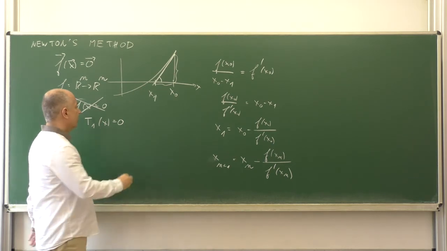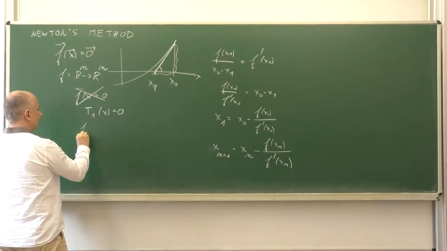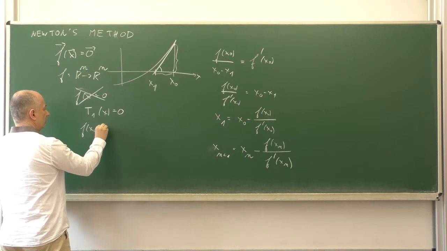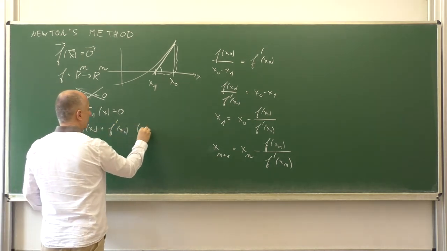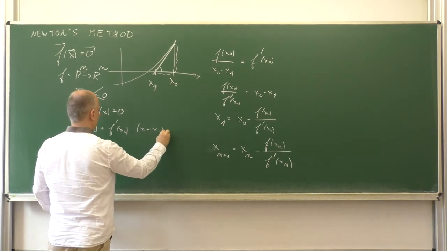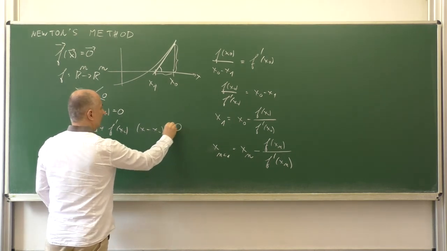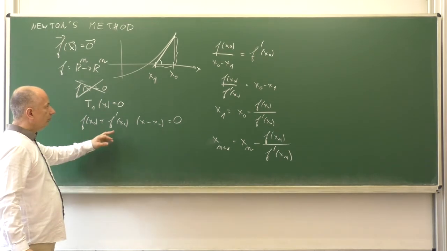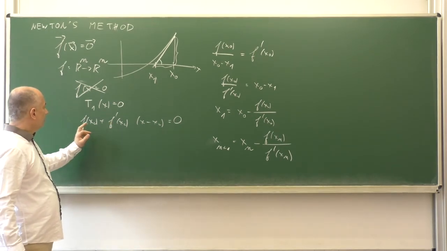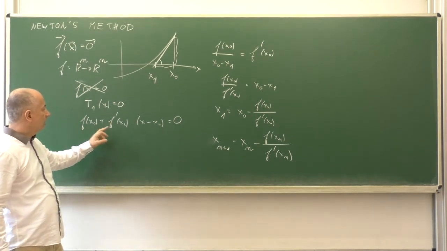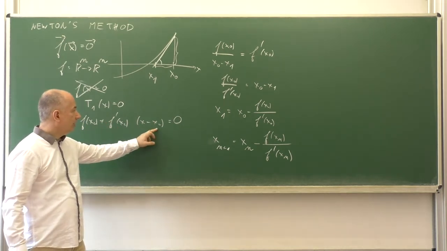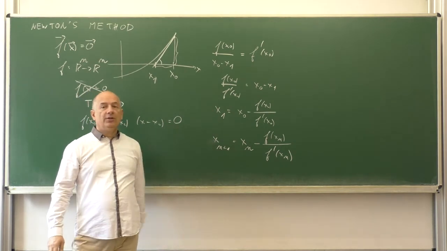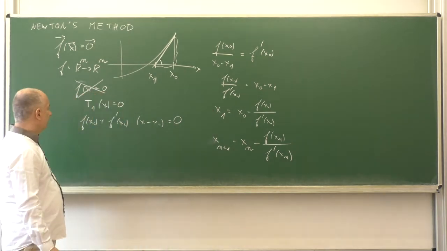Because T1(x) is f(x0) plus f derivative at x0 times (x minus x0), and this should be equal to 0. And when you subtract, when you divide by f prime, and when you add x0, you get exactly this Newton's method.